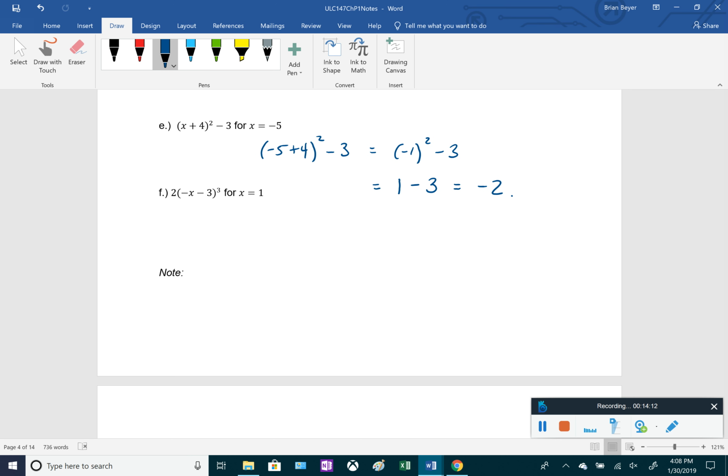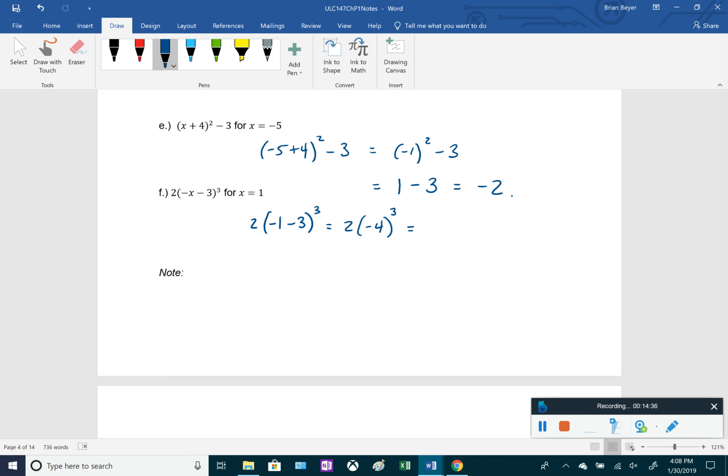And for the last one here, 2 times negative x minus 3 cubed for x equals negative 1. So this is going to be plugging in negative 1 into x, so negative 1 minus 3 cubed inside here. Negative 1 minus 3 is negative 4 cubed.